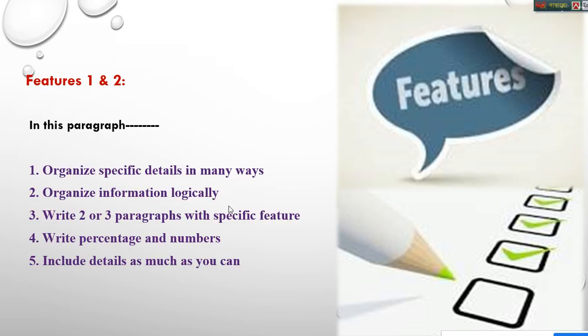If you are asked to develop a composition within 200 words, of course, in that case, you have to develop at least three paragraphs in the features. Otherwise, it will not cover 200 words. So in 150 words, less or more, you can conclude your composition within two or three paragraphs, right?